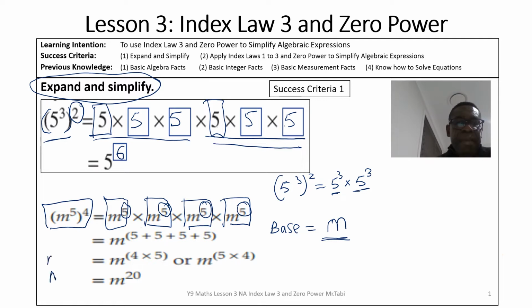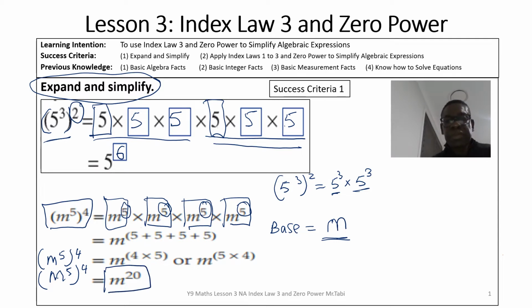So m to the power of 5, all to the power of 4, is simply m to the power of 4 times 5, or 5 times 4. So it is simply m to the power of 20.